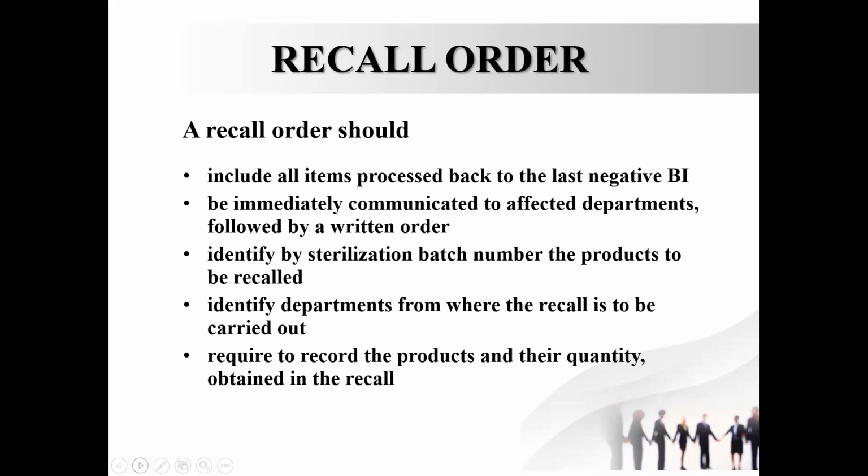Then you have to tell the batch number of the products which are to be recalled. First of all, you have to put a batch number on each and every item issued in the CSSD. You identify which departments the recall is to be carried out in, and record the products which you get back in the recall and their quantities.